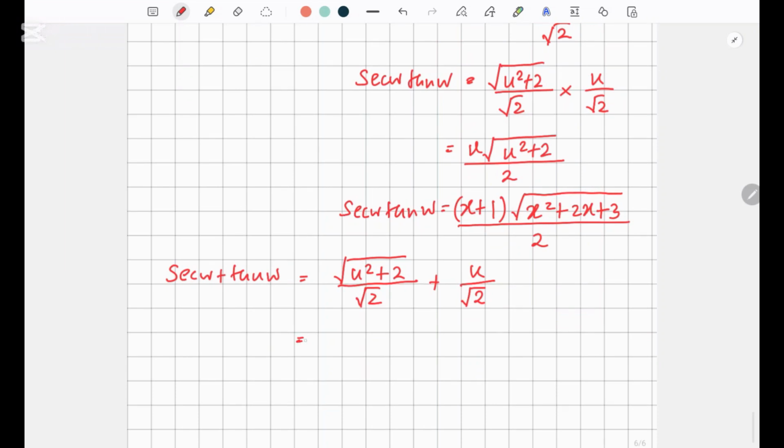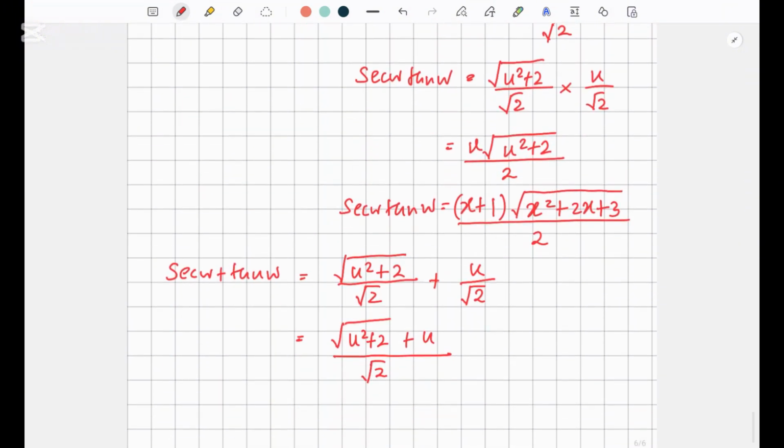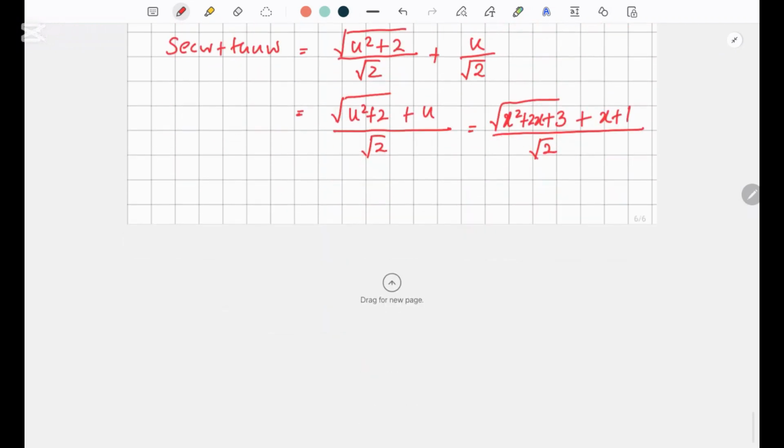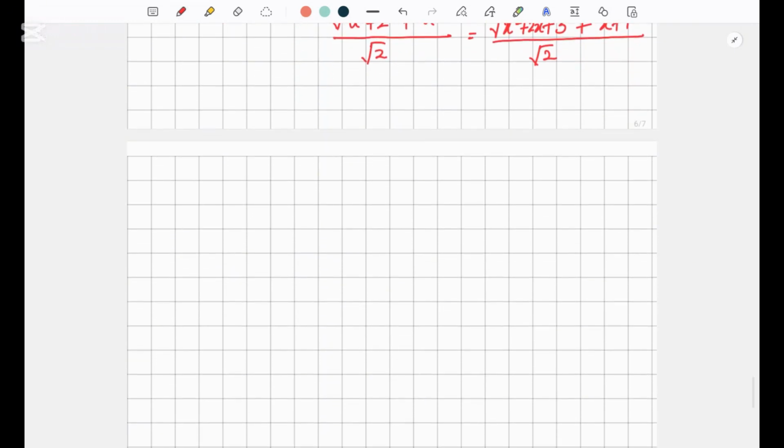So now you could write this as root u squared plus 2 plus u, over root 2. Okay, now let's put u equals x plus 1. So when you put that in, it would be square root x squared plus 2x plus 3 plus x plus 1, over root 2, right? Now, let's go to our final answer.